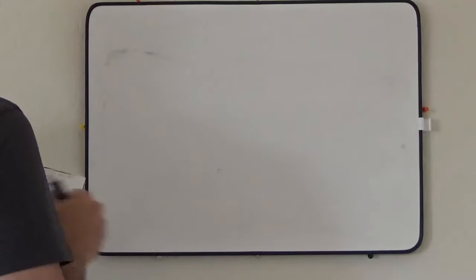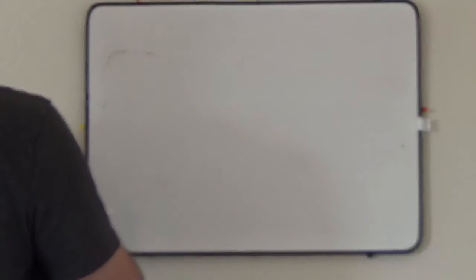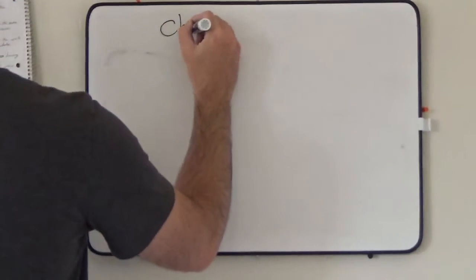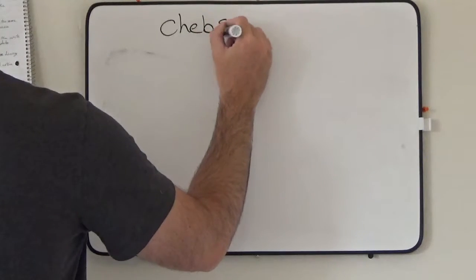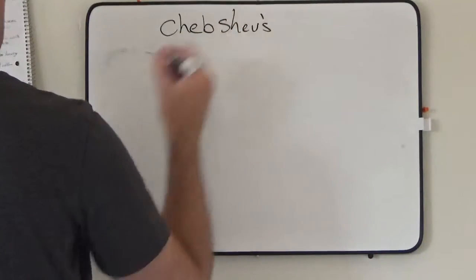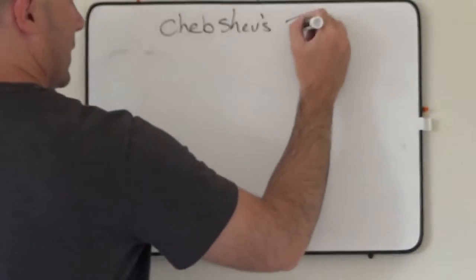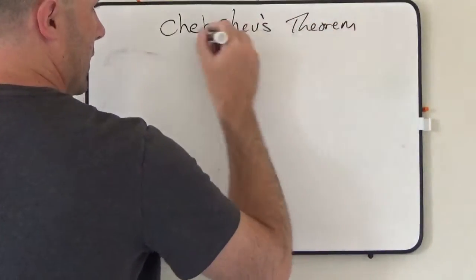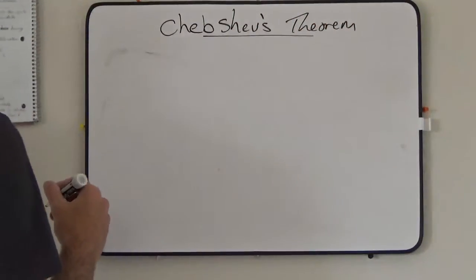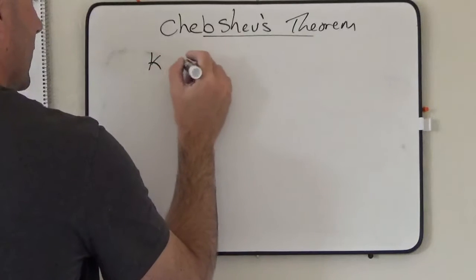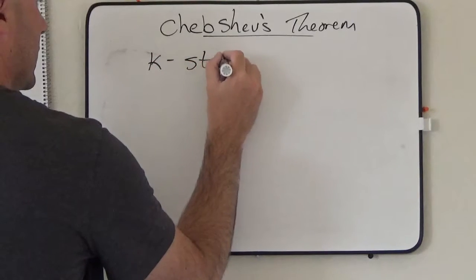I can't say this guy's name, so you'll have to forgive me. So I'm going to write it up here. Chebyshev theorem. Okay, now k standard deviations.